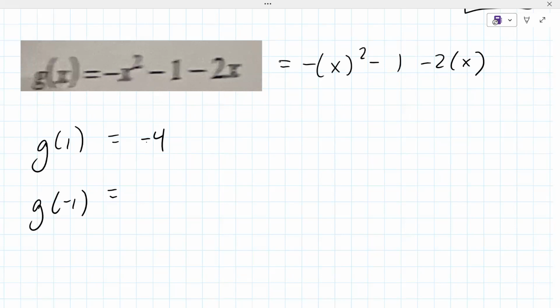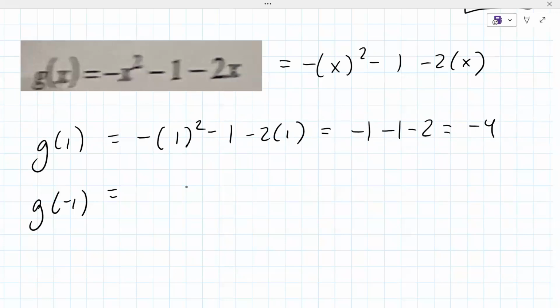Is that what you have down? Yeah. Let's look at that one together, because the parentheses really matter. Negative parentheses 1 squared minus 1 minus 2 times 1. And so this becomes -1 minus 1 minus 2, which is -4. Good. All right. Could you try the next one for us, please?